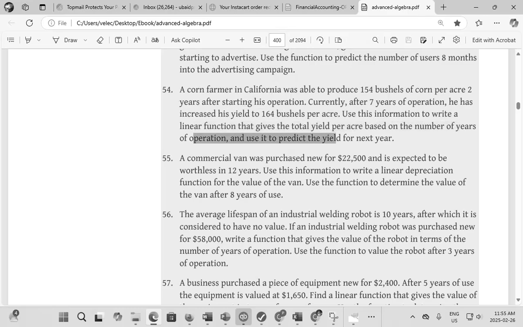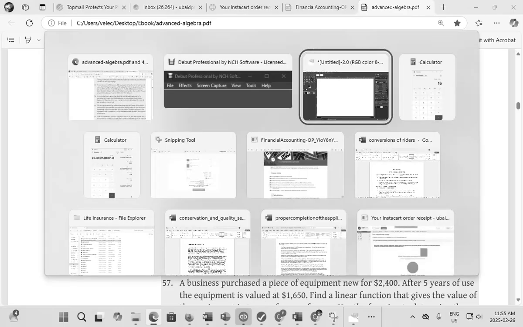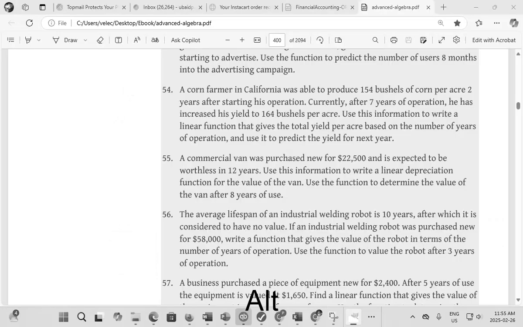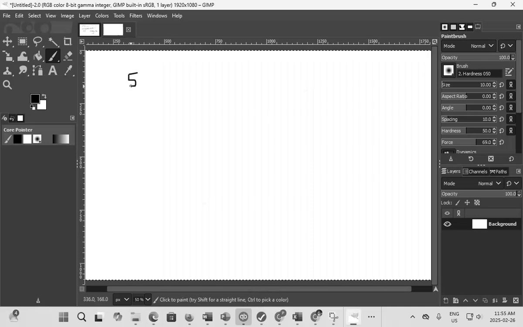We know from the information that after 2 years, the yield was 154 bushels. So at some point, we need to subtract that base. 7 minus 2 is 5 years, so 5x equals 164.